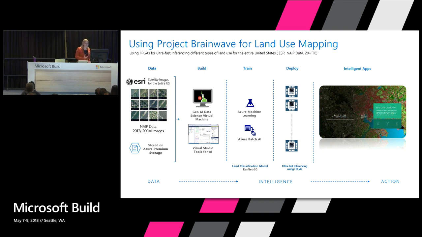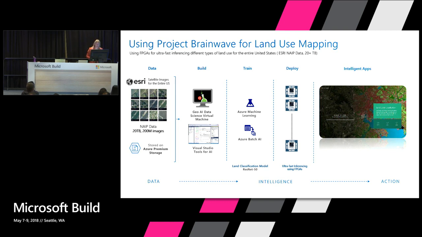We utilized the GeoAI data science virtual machine, as well as the great Visual Studio tools for AI, which I highly recommend you check out, because there's some very, very cool stuff in there, making deployment easier and easier. And we used Azure Machine Learning as well as Azure Batch AI to scale higher. I do recommend that you check out Matt Winkler's talk on Azure Machine Learning, which is happening later in the next few days.